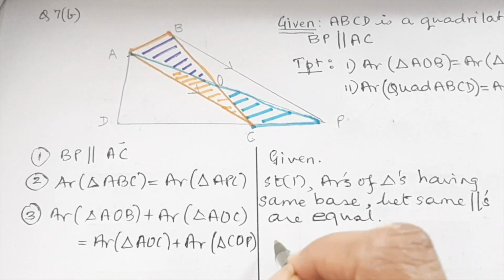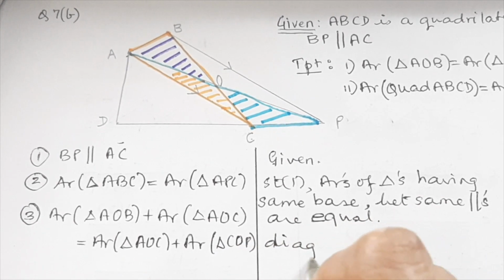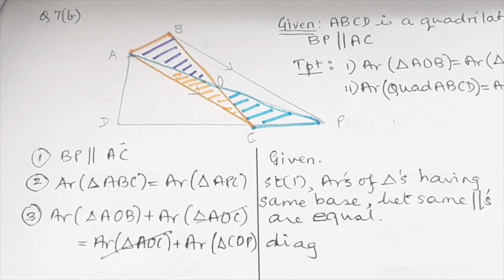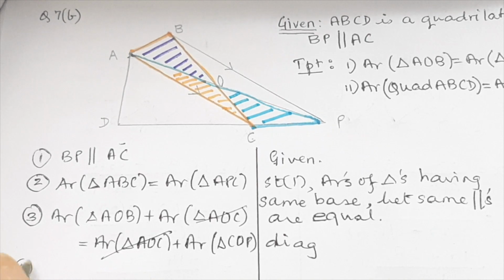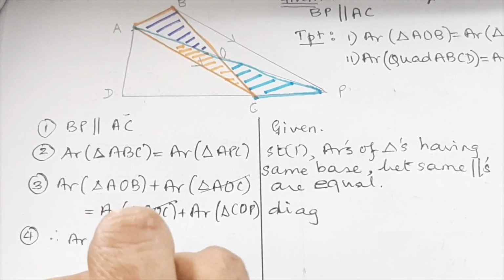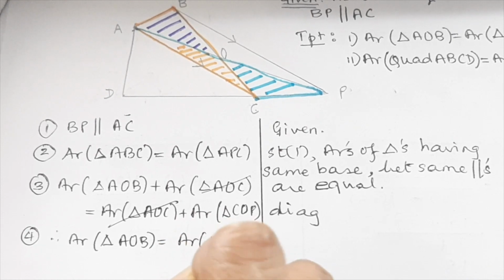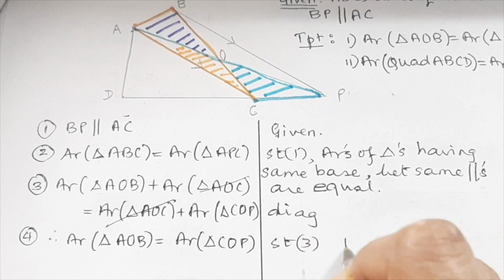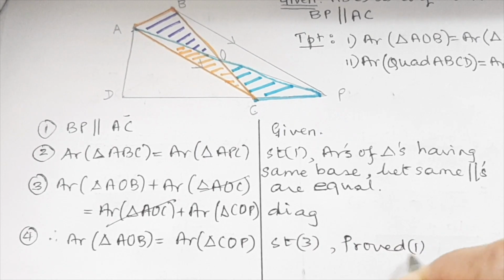Okay, now this will be because of the diagram. Now you will see AOC from both sides, both the triangles will get cancelled, and then fourth one will have therefore area triangle AOB is equal to area triangle COP. This will be from statement 3 and proved the first part.